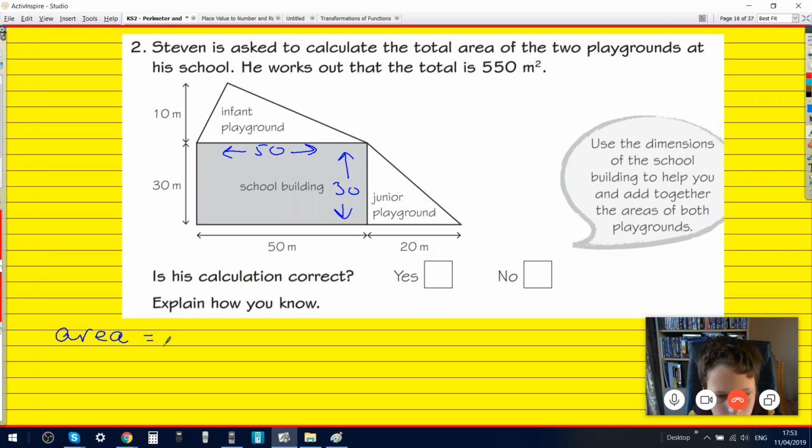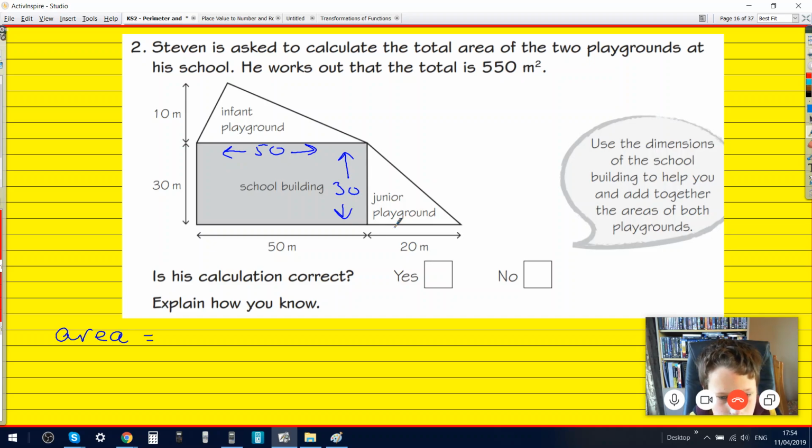Well, 20 plus 30 is 50. Wait, you might be thinking of perimeter. What's the height for the top one? 10. What's the height for the bottom one? 30. So just pick one triangle.